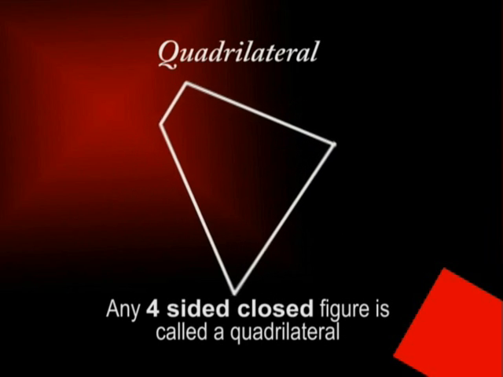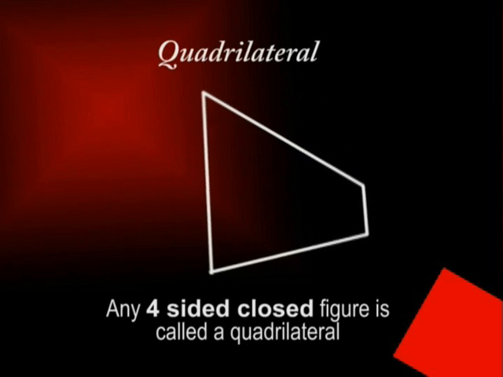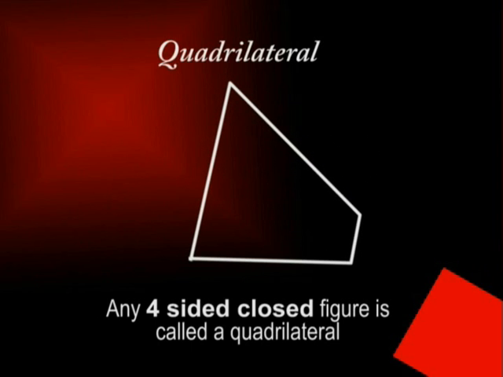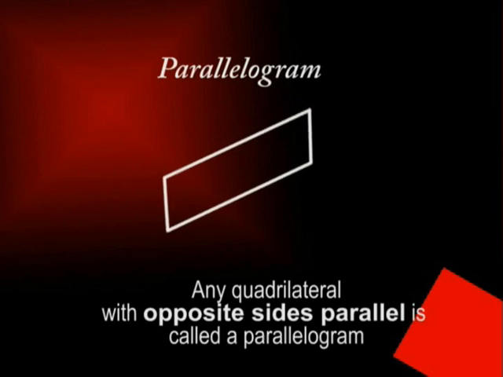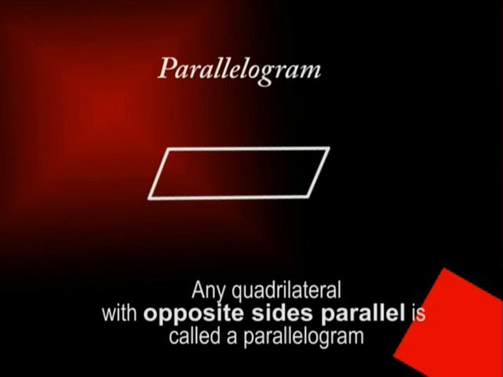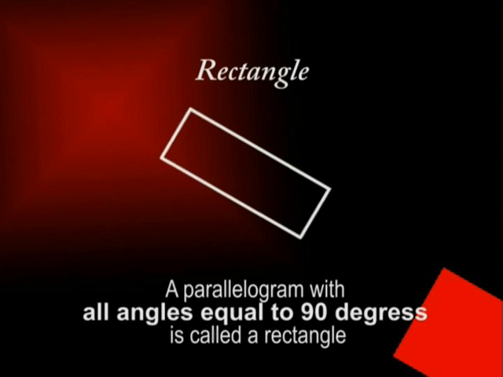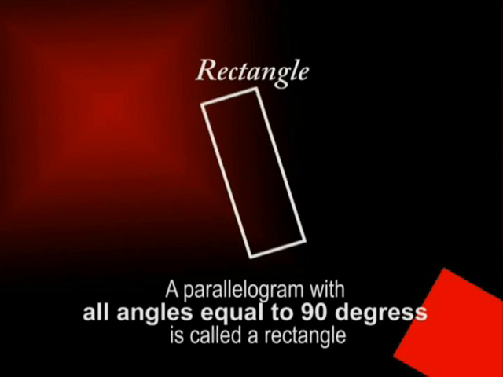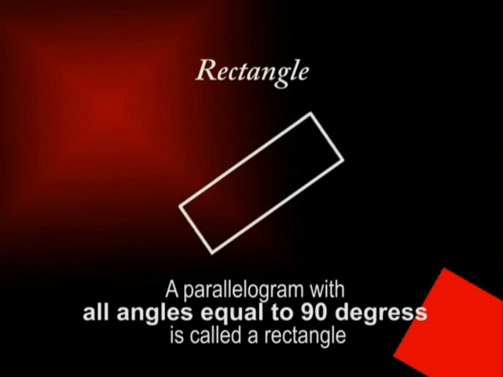Any four-sided closed figure is called a quadrilateral. Any quadrilateral with opposite sides equal is called a parallelogram. A parallelogram with all angles equal to 90 degrees is called a rectangle.